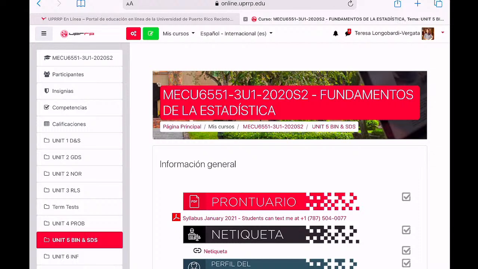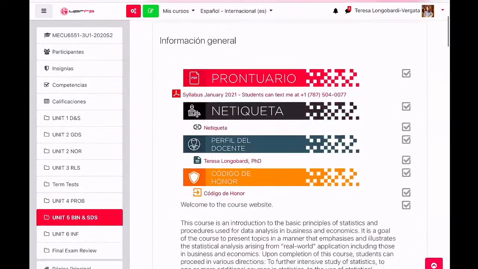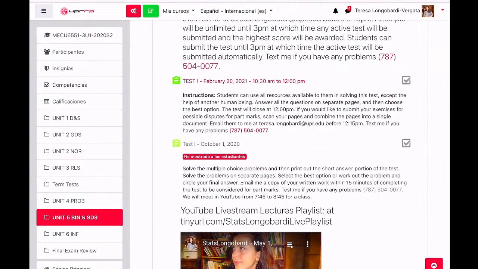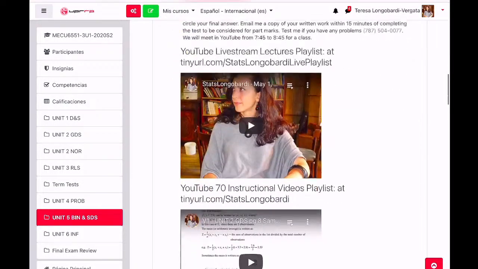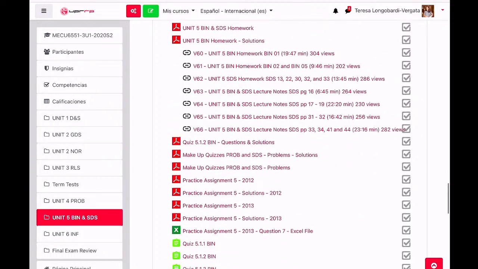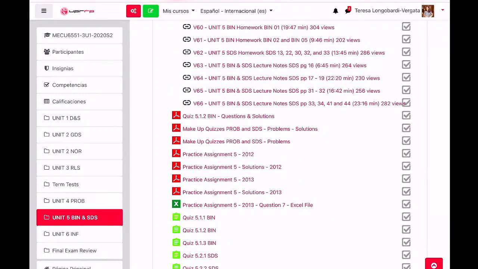It's very interesting that it doesn't show my keyboard on there. It's pretty smart. Okay, so Unit 5, 2012.